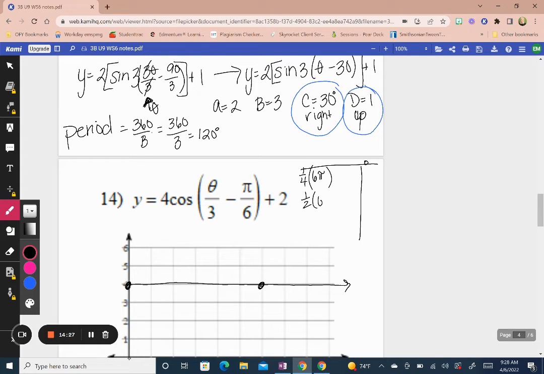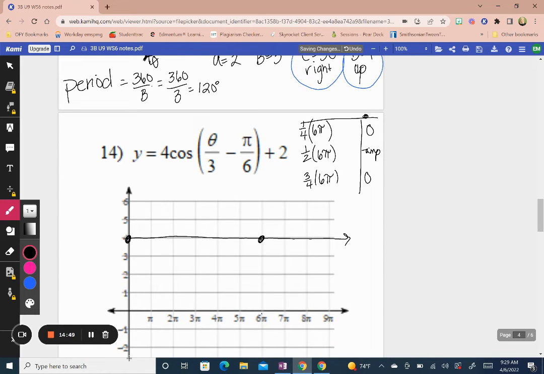At 1/2 of the period, we're going to be at the negative amplitude. And at 3/4, we're going to be at 0 again.